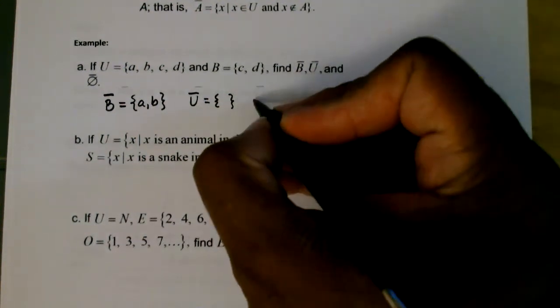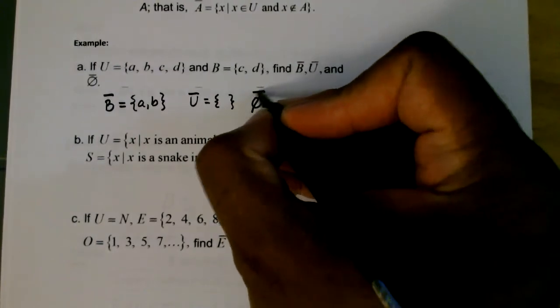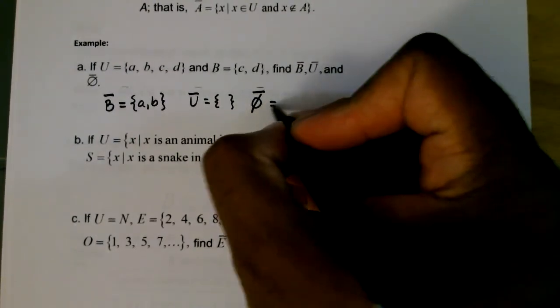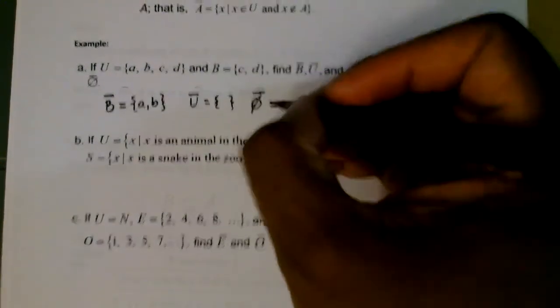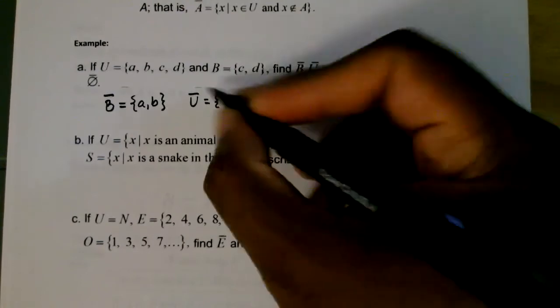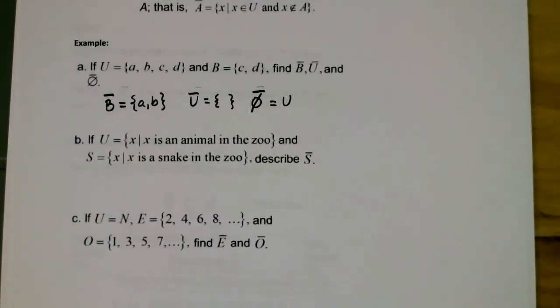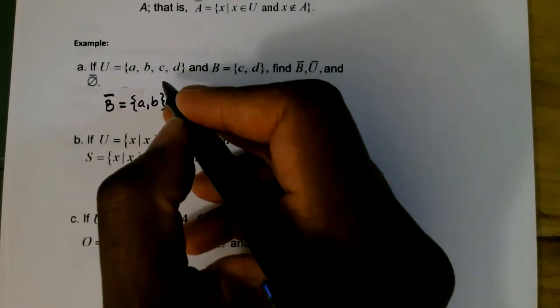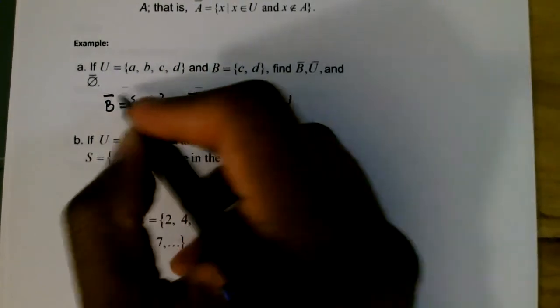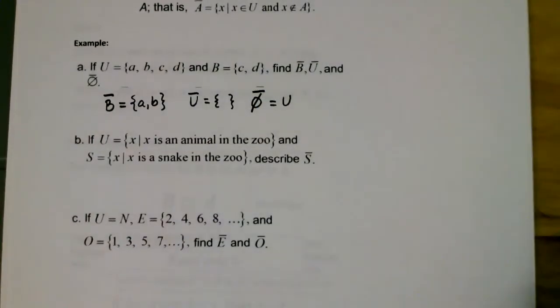And of course, the complement of the empty set, well, if the empty set has no elements in it, then its complement will have to be the entire universal set. Has to be. And you can think of this: the empty set has nothing in it, and you compare that with the universal set. Take nothing from the universal set, it will be the universal set.